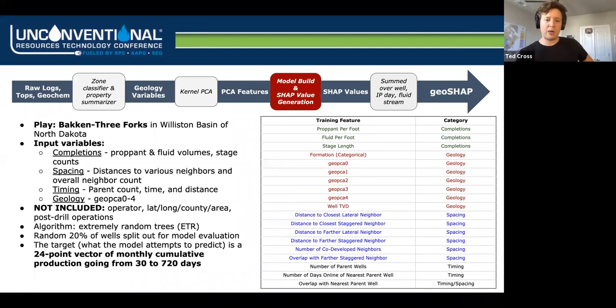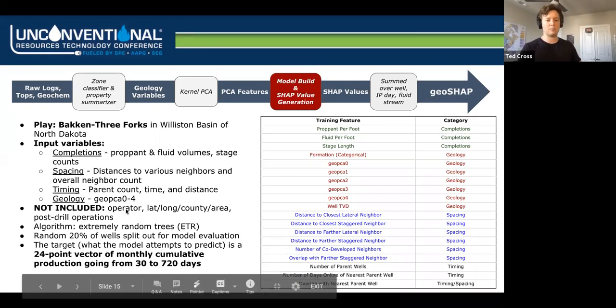Okay, so for input variables, we had proppant and fluid volumes and stage counts. Those are what's publicly available within the Williston. We did our standard spacing calculations, timing, etc. For the geology, it was just GeoPCA 0 through 4. I want to emphasize here that we did not include the operator categorical, nor did we include latitude, longitude, county, or area, so essentially the model has nothing which is explicitly geographic.